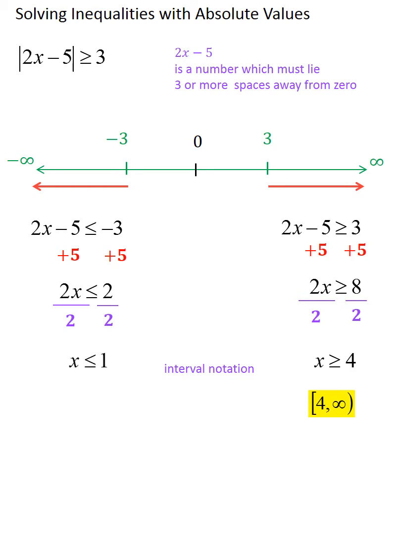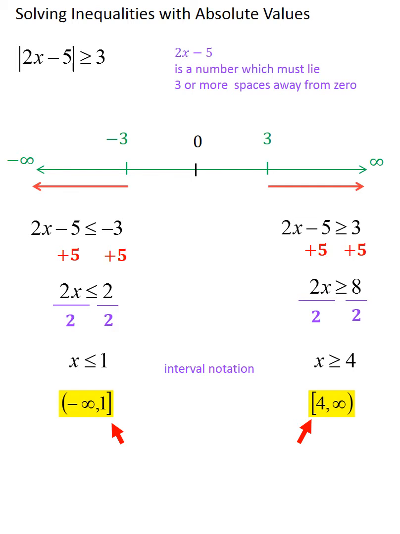Similarly, this inequality here can be thought of as that x has to be below or equal to 1. But any number below or equal to 1 must be between negative infinity through 1. So those are the interval notation ways of writing this solution.